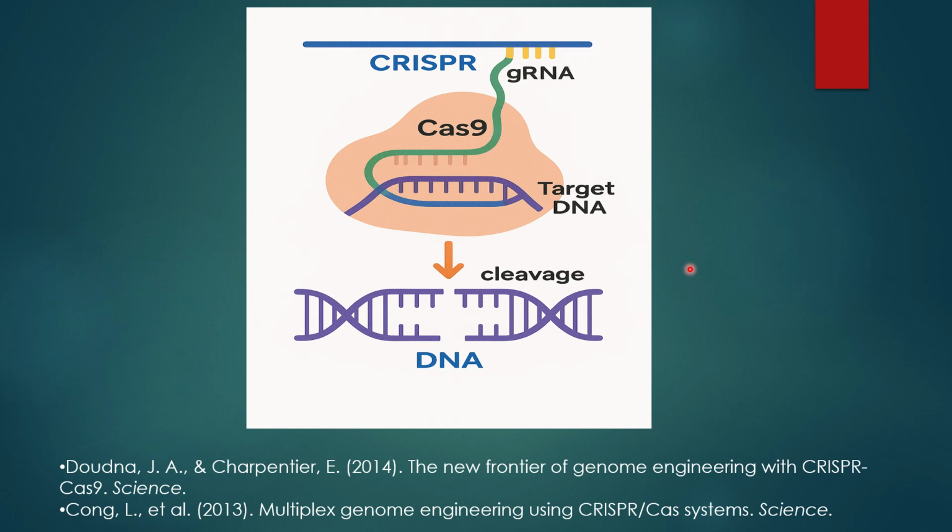This technology has really revolutionized the field of molecular biology, and it is possible to modify, delete, insert, activate, or inactivate any gene. Thus a troublesome gene can be inactivated by this technique.